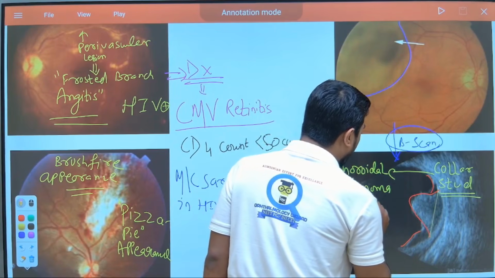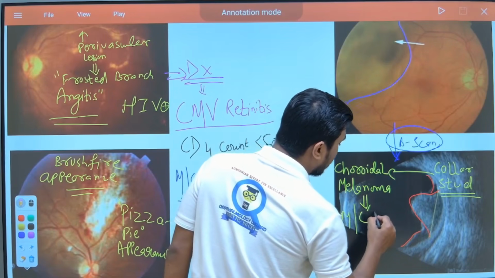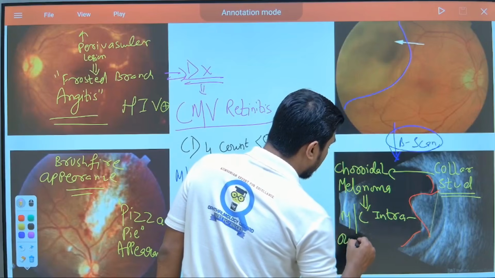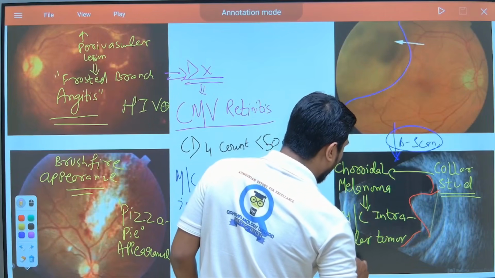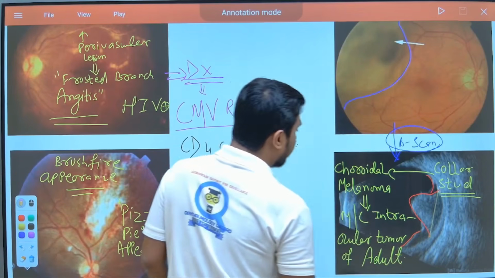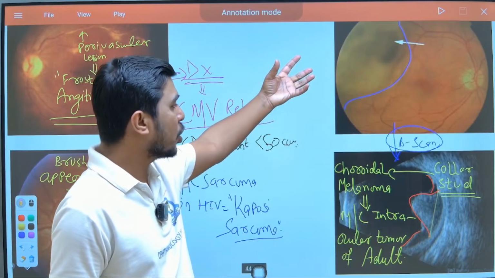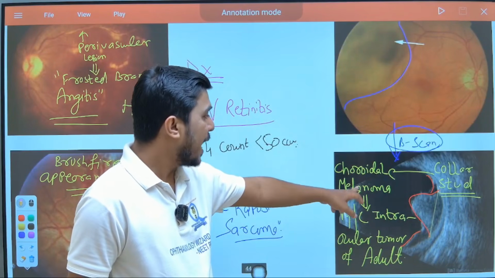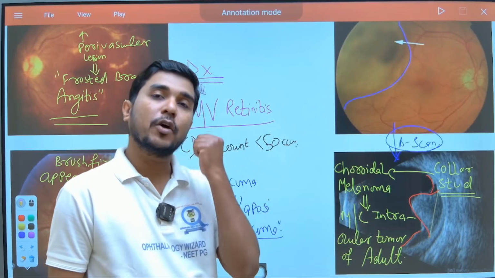And one more important thing about choroidal melanoma: it is the most common intraocular tumor of adults. So understood? A dome-shaped elevation on the choroid with a collar stud appearance on B scan is diagnosed as choroidal melanoma, and it is the most common intraocular tumor of adults.